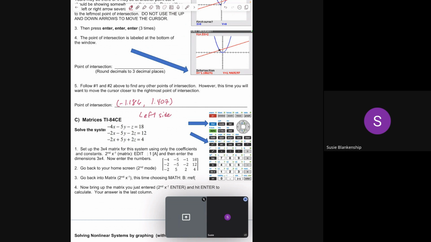And then the other point we had was 1.686, comma 2.843. And I believe that was on the right side. It's on the right side. Again, I don't have to know which side it is. I just want to make sure that you know where I got it. All right.